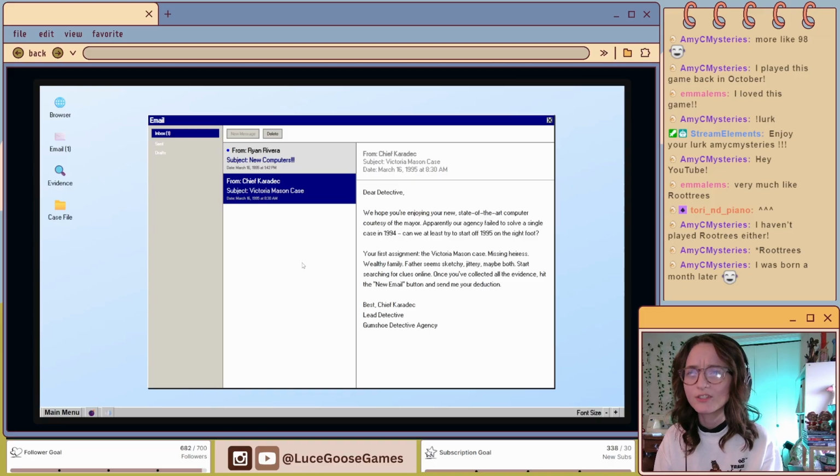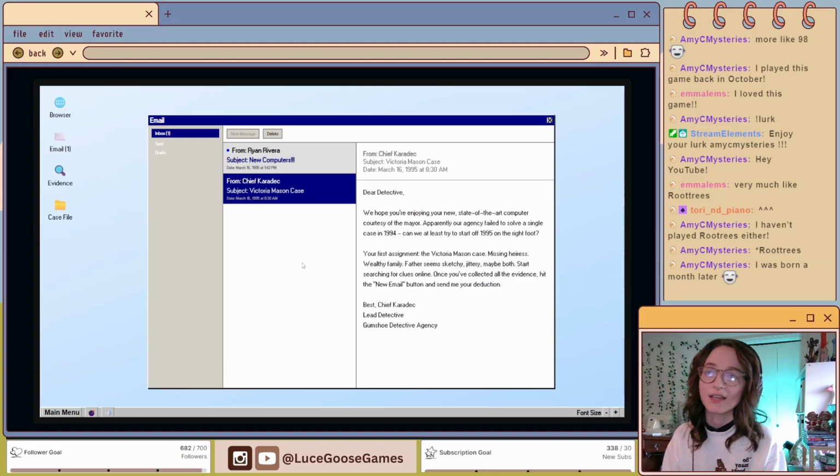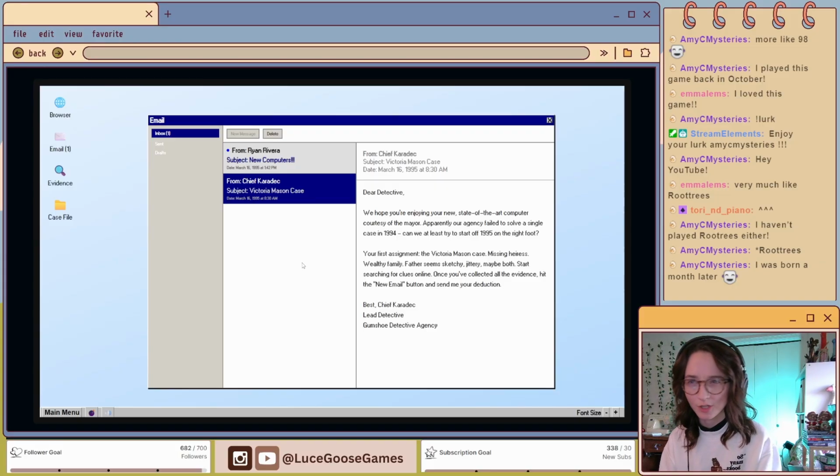Our agency failed to solve a single case in 1994? "Can we at least try to start off 1995 on the right foot? Your first assignment, the Victoria Mason case. Missing heiress, wealthy family. Father seems sketchy, jittery, maybe both. Start searching for clues online. Once you've collected all the evidence, hit the new email button and send me your deduction." Okay.